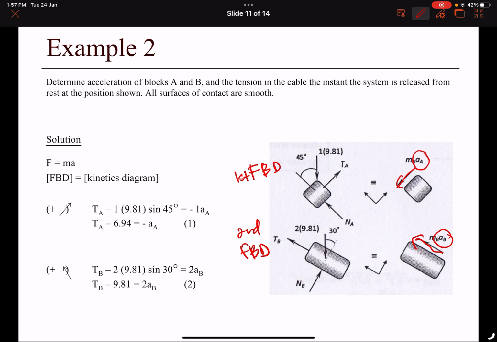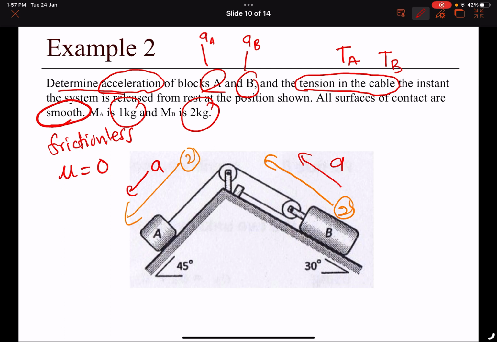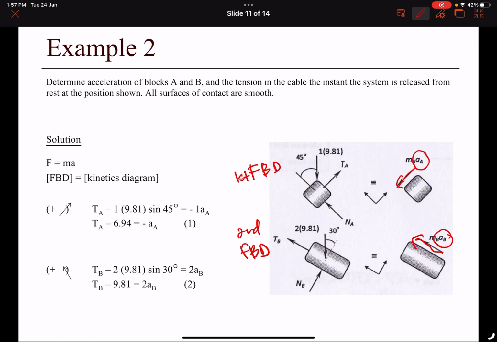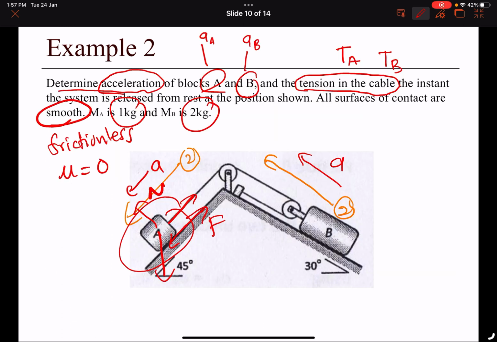For the first FBD, you detach A from the other external parts, and then you have to determine the external forces, the internal forces, the normal, and the friction. Again, there is no friction, which is mu equal to 0, so the friction force is equal to 0.